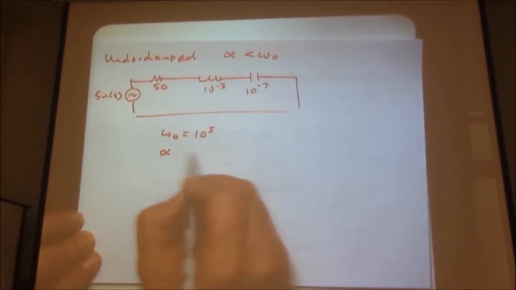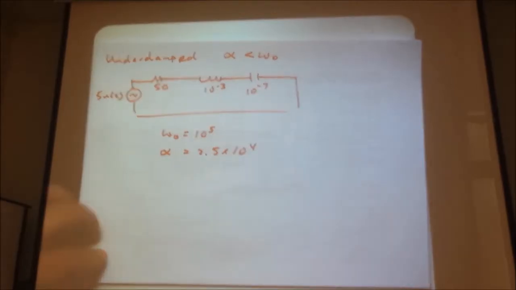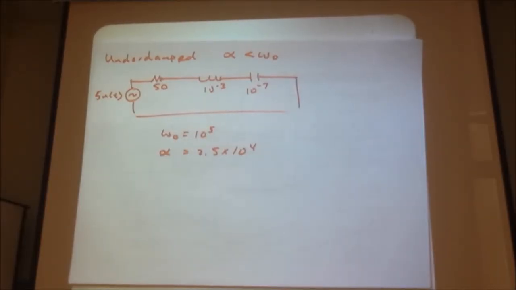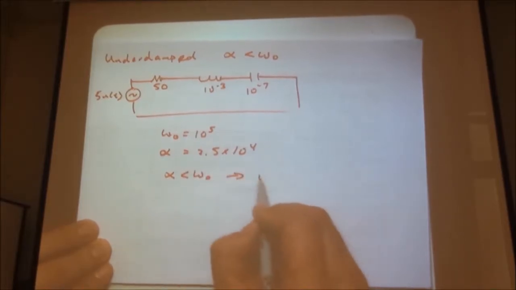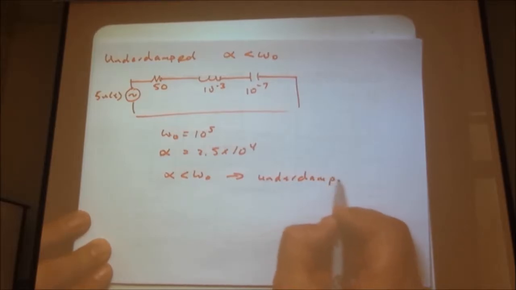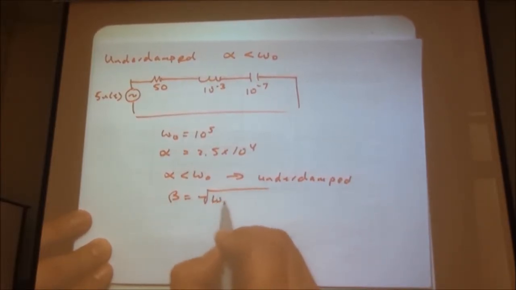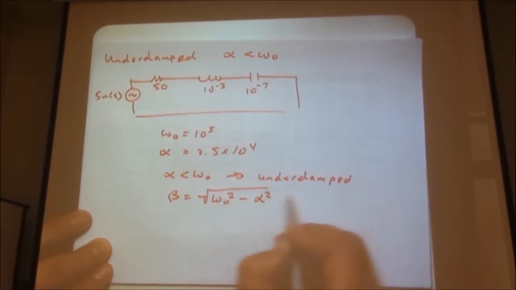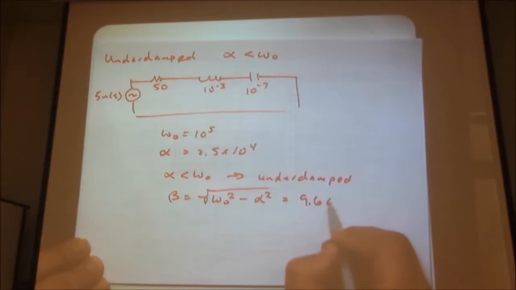Alpha is 2.5 times 10 to the 4. Well, we recognize alpha is less than omega naught, which implies underdamped. Once we're underdamped, we do want to find beta, which is the square root of omega naught squared minus alpha squared. And again, if I did my numbers correctly, that's 9.68 times 10 to the 4.